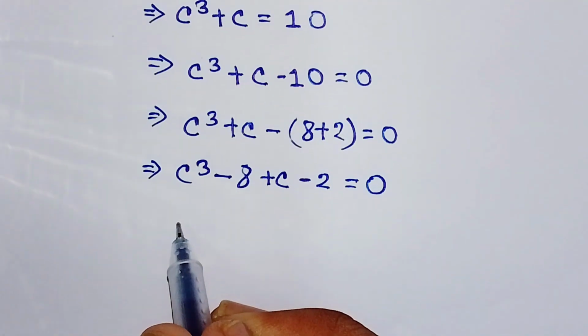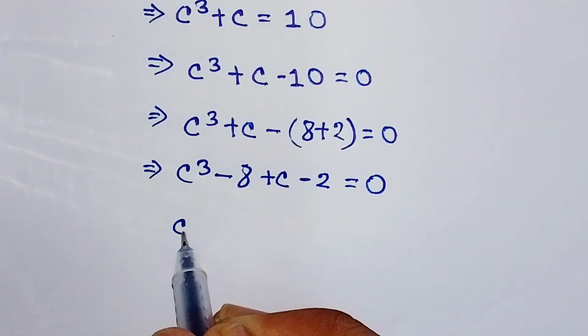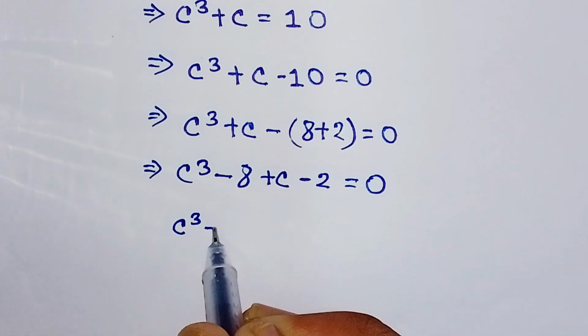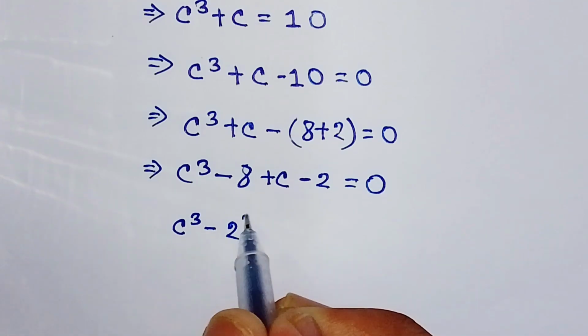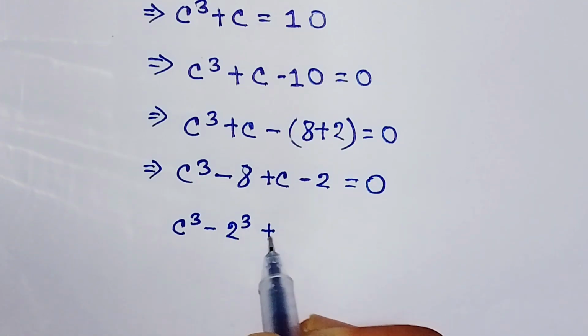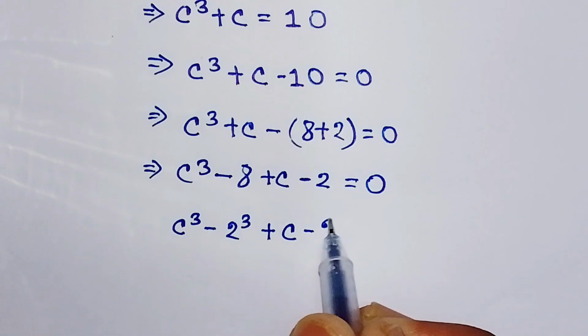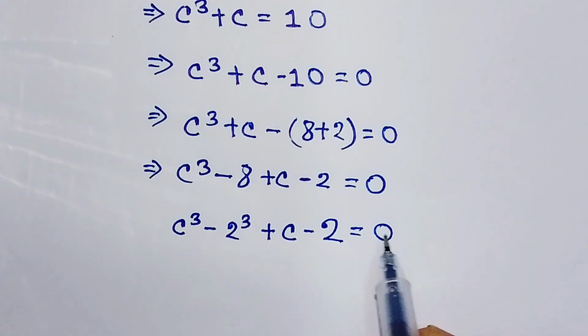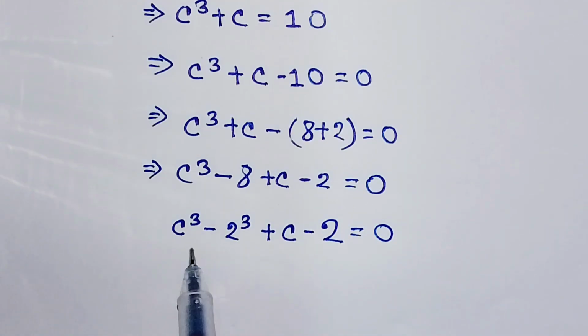Then it will look like c cubed minus 2 to the power of 3 plus c minus 2 equals 0. We are trying to make an exponential formula in here.